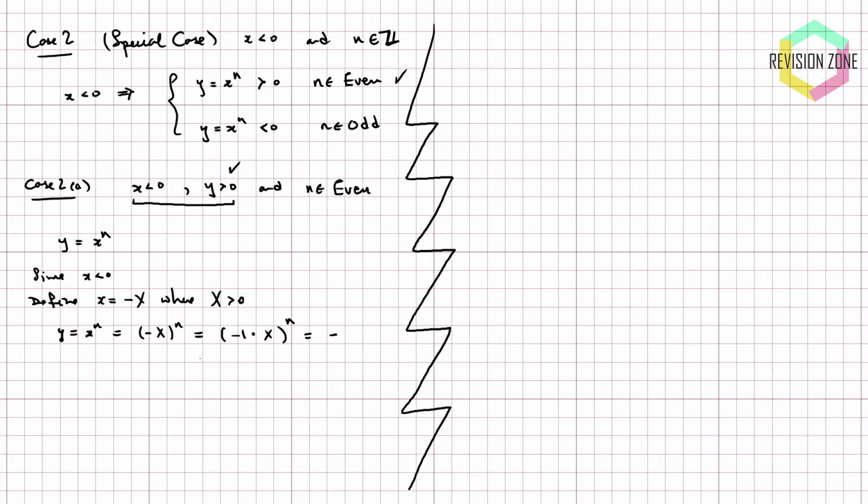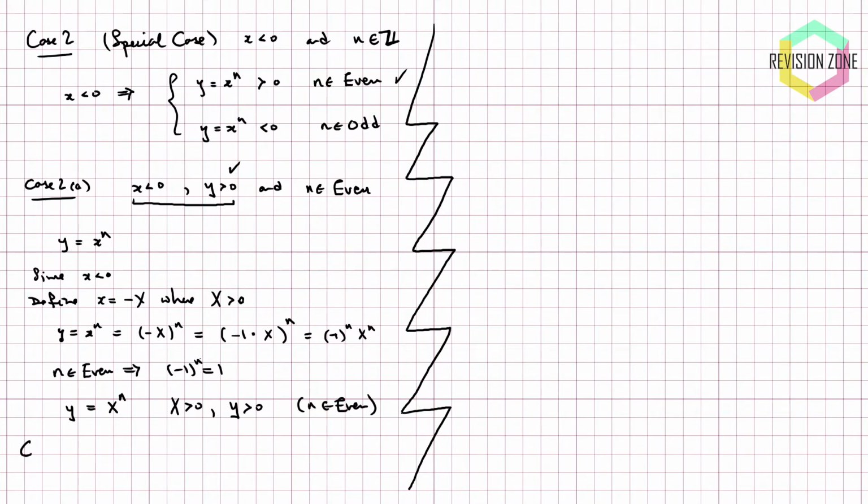But using basic rules of indices, we can say this. Because n is even, negative 1 to the n is just positive 1, which means our y can just be written as uppercase X all to the n, right? The important thing here is that my uppercase X is positive and my y is positive, and the fact that my n is even is something we know from the way we've set this up.